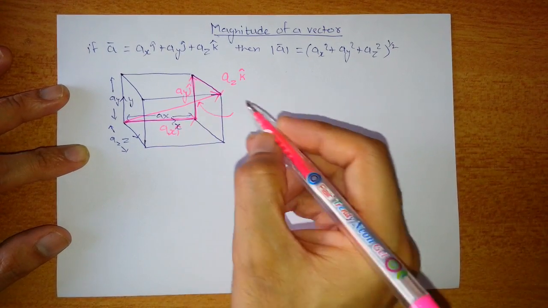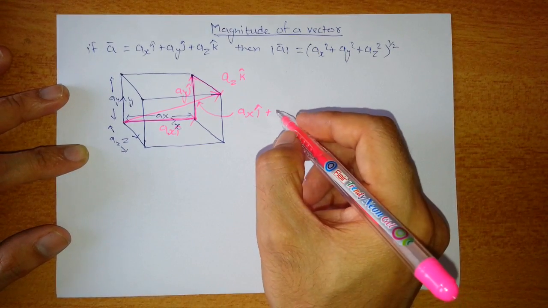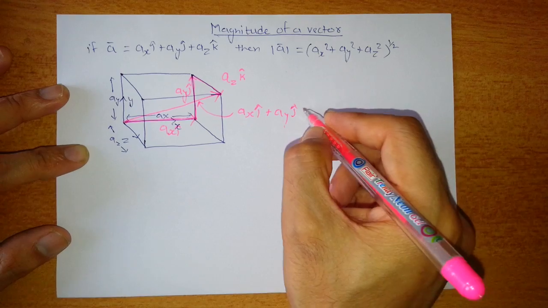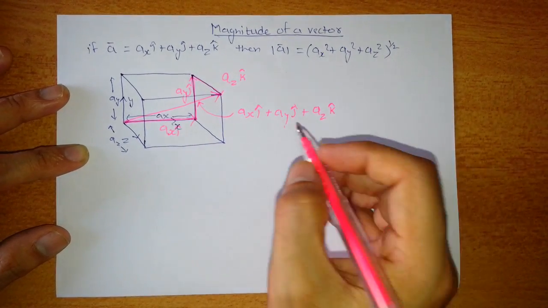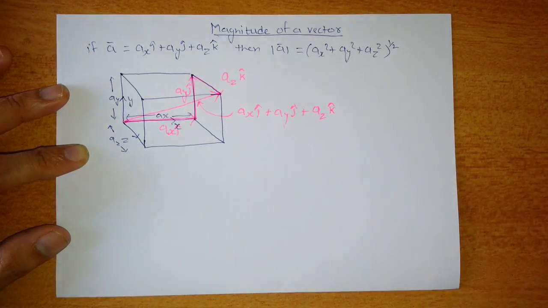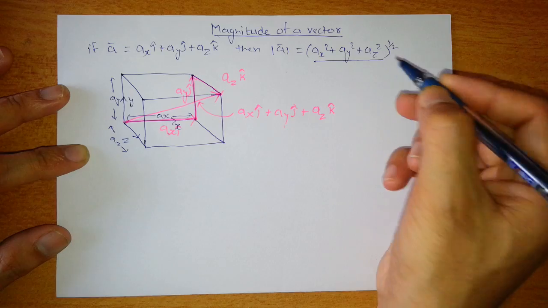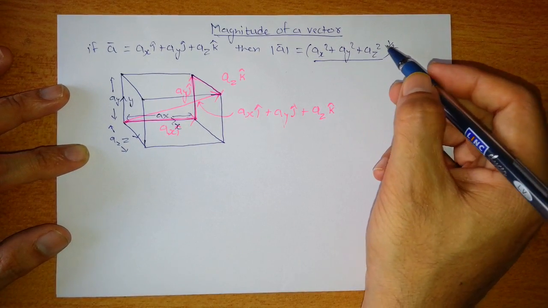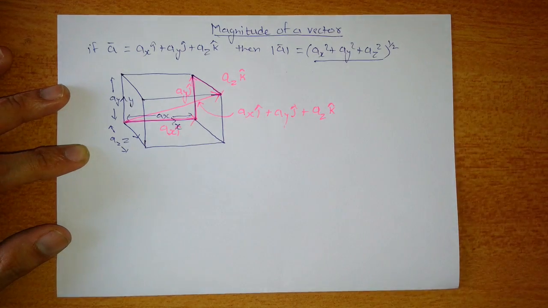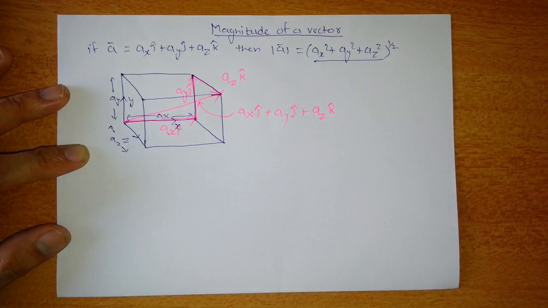So this vector is ax i cap plus ay j cap plus az k cap, and that is the diagonal of the cuboid. So we can say the diagonal of the cuboid is nothing but the square root of the sum of squares of the individual sides. Okay, so we can get the magnitude of this vector.